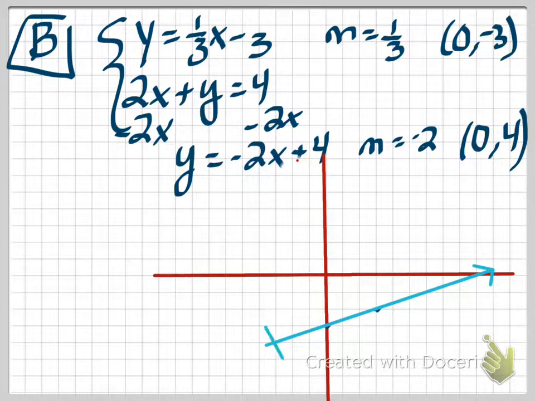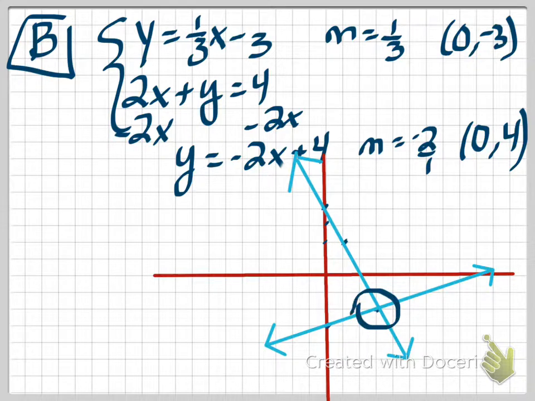My second equation has a y-intercept of 0, 4, so let's start at 0 and go up 4, 1, 2, 3, 4. My slope is -2 or -2 over 1, so I'm going to go down 2 from here, 1, 2, and over 1.